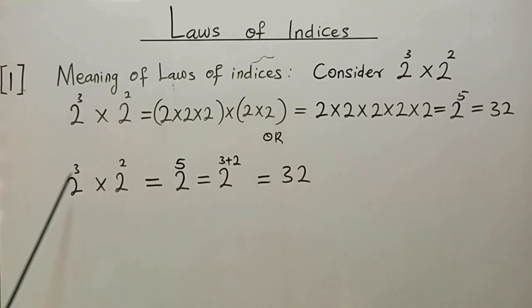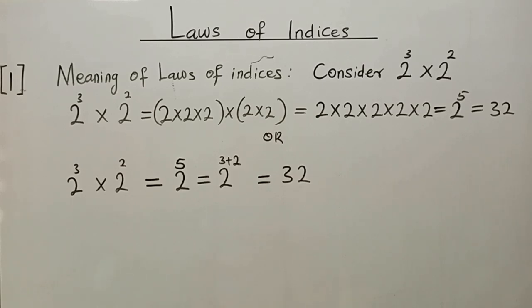Therefore, 2 to the power 3 times 2 to the power 2 being equal to 2 to the power 5 is not a coincidence. It has come to be a law, because if you test it again and again with other expressions or other number operations, you will see that adding the powers to give the power of the result is just correct.